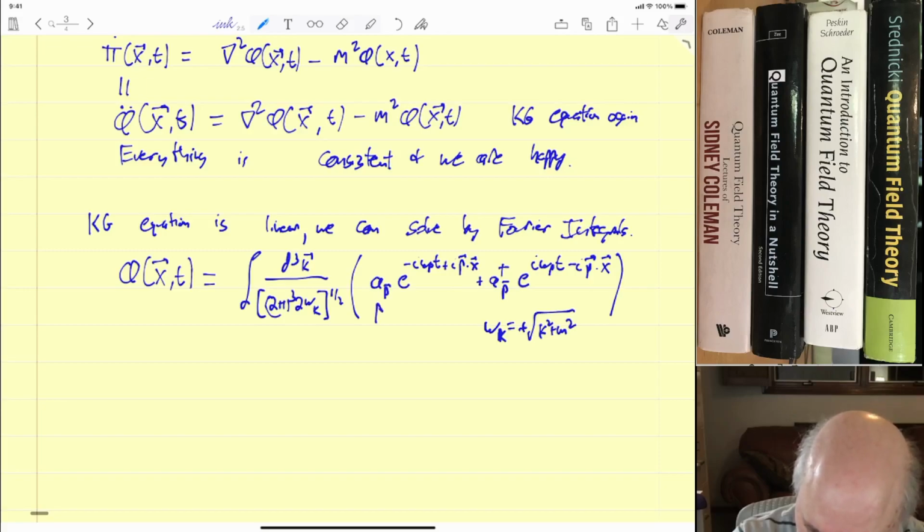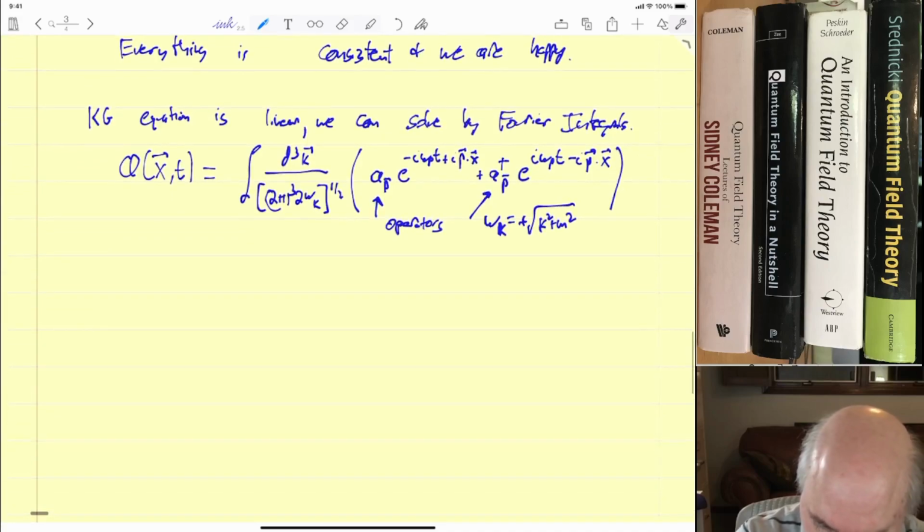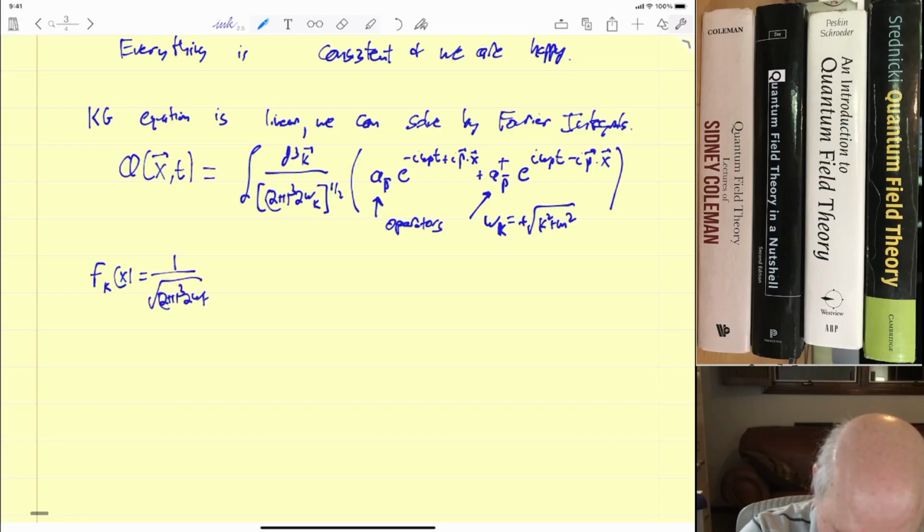The a's here are just operators, and as we'll show, they're independent of time. So just for some convenience, I'm going to define f_k(x) as being 1 over the square root of (2π)³ 2ω_k, e to the minus i k dot x.